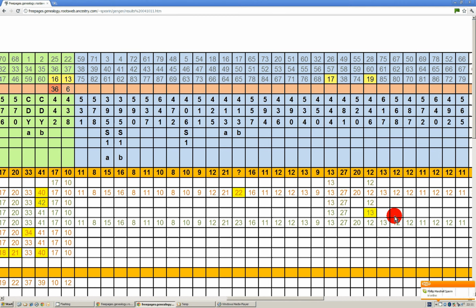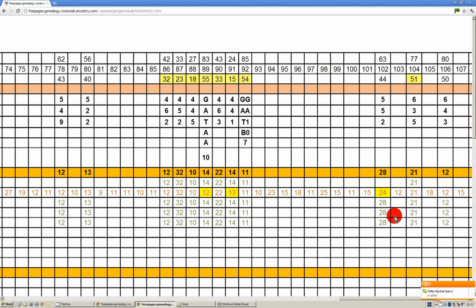If we move even further out, we see that there are possible markers at GATA A10 and 441 and 552, which again possibly are mutations.